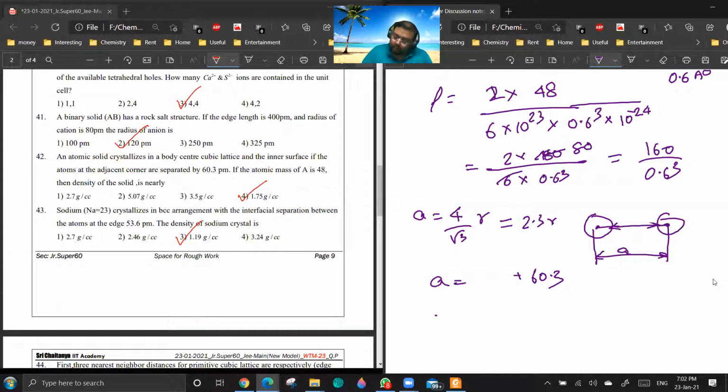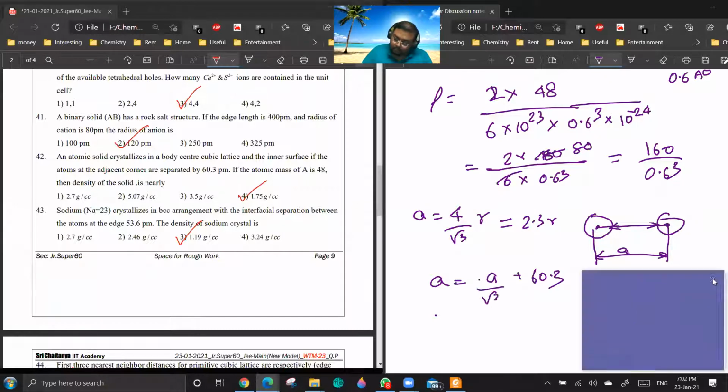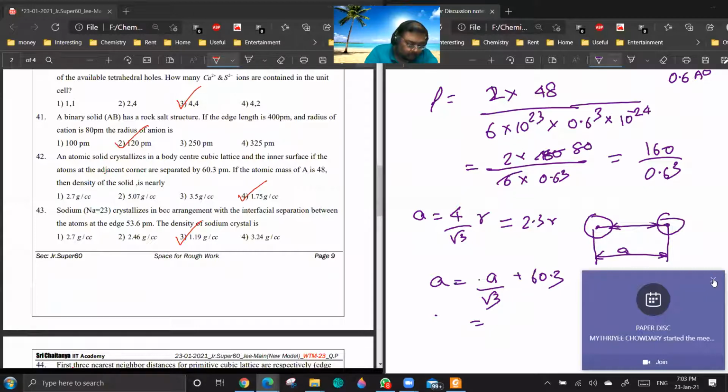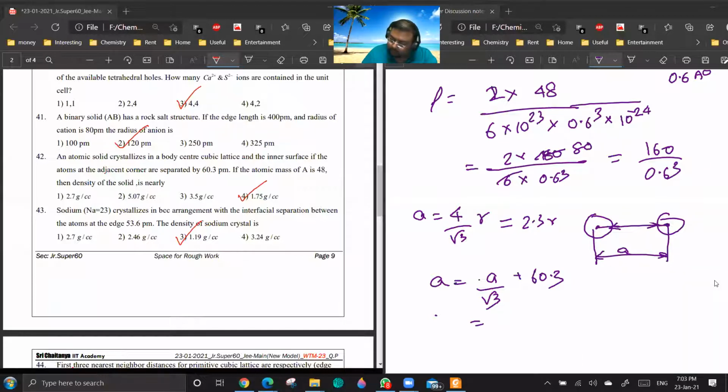Yes, sir. So 2R is A by root 3. So again, then you have to find A by root 3. Sir, it is root 3a by 2. One minute. A is equal to R plus R.